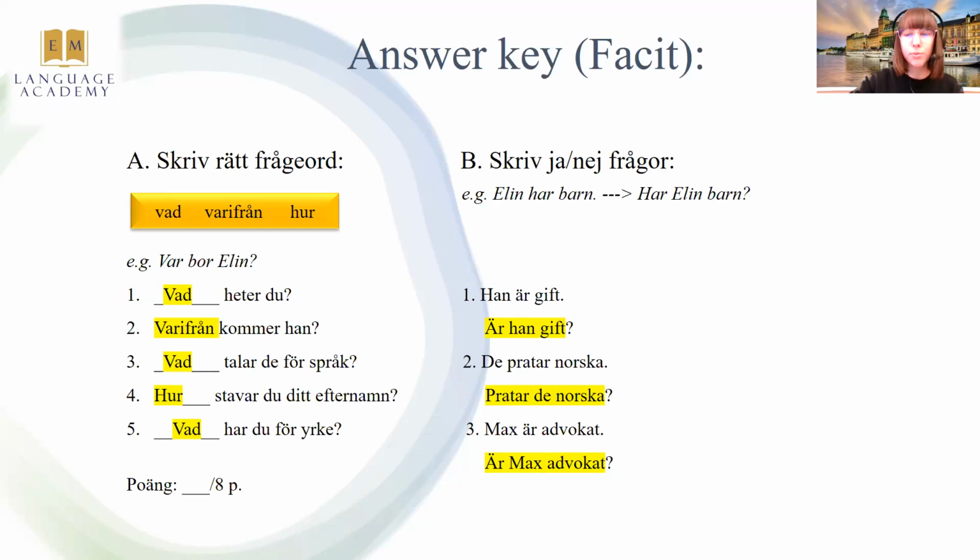Do they speak Norwegian? Pratar de norska? And the last one, Max är advokat. Max is a lawyer. Is Max a lawyer? Är Max advokat? These are the correct answers, and 8 points for these two exercises.